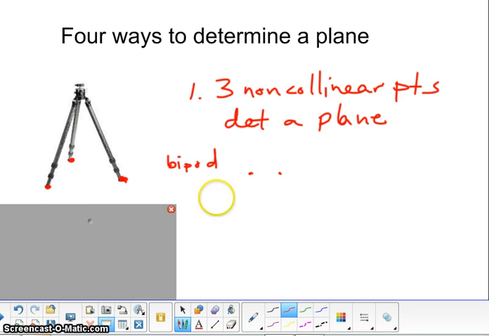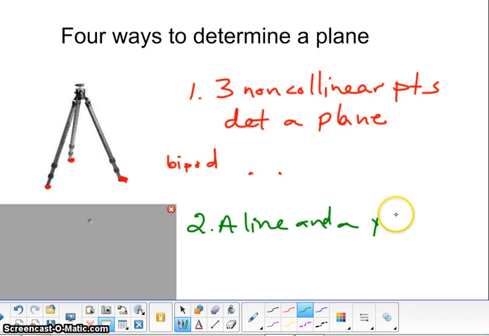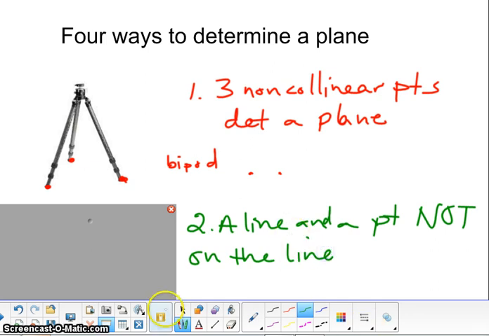Okay, so let's go on to the second one, which is a line and a point not on the line determine a plane.